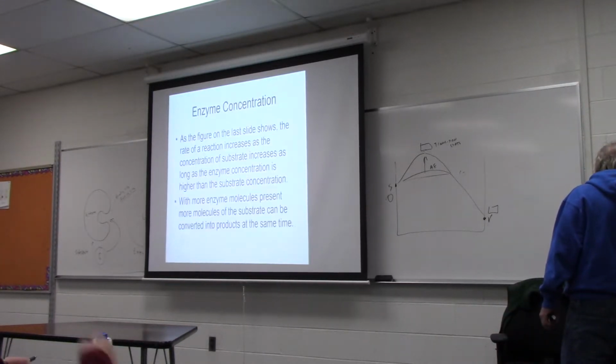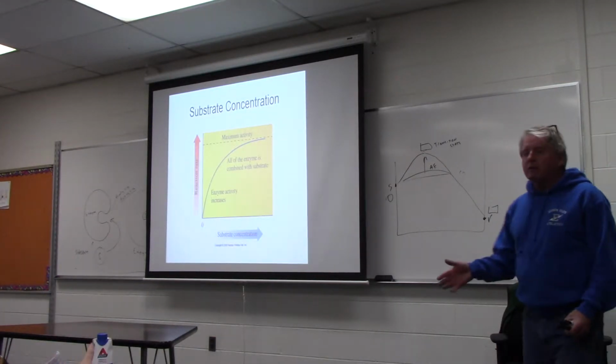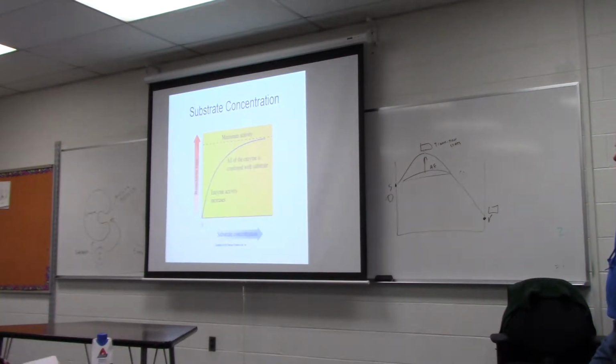Okay, the other two things. Every protein has its own speed, and I showed you the Lucy video of this. An enzyme can only go as fast as it can go. So you can increase productivity of an enzyme until it reaches the speed limit.